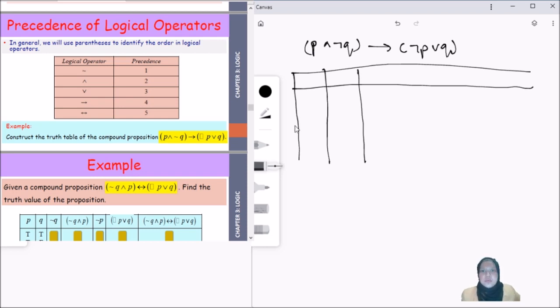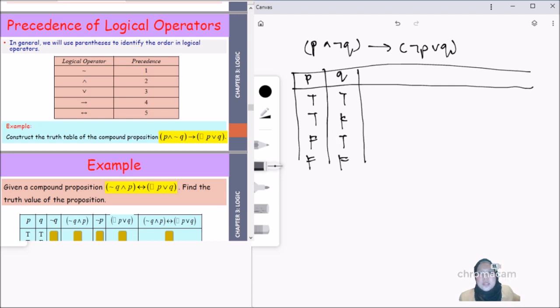Okay. So we have two propositional variables, P and Q. So we have 4 possible rows: true, true, true, false, false, true, and false, false. Alright, so the first precedence is negation.